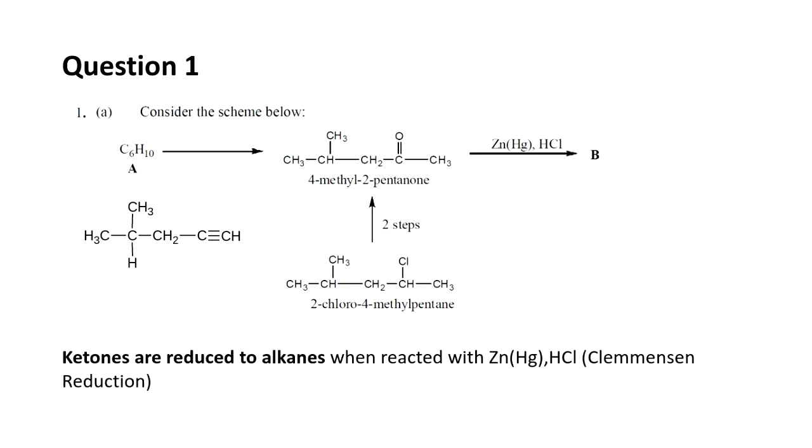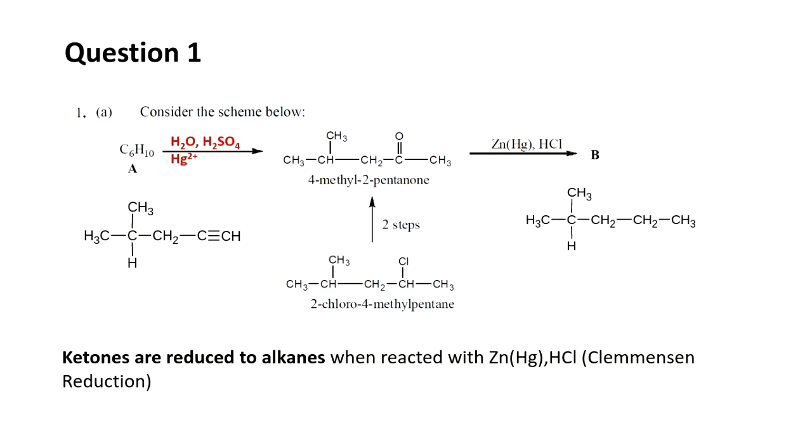So ketones are reduced to alkanes when reacted with zinc amalgam in the presence of an acid, normally HCl. This is a Clemmensen reduction. The Wolff-Kishner reduction would use hydrazine in the presence of a base and would also give the same product, B. So what we have is an alkane that has been formed.